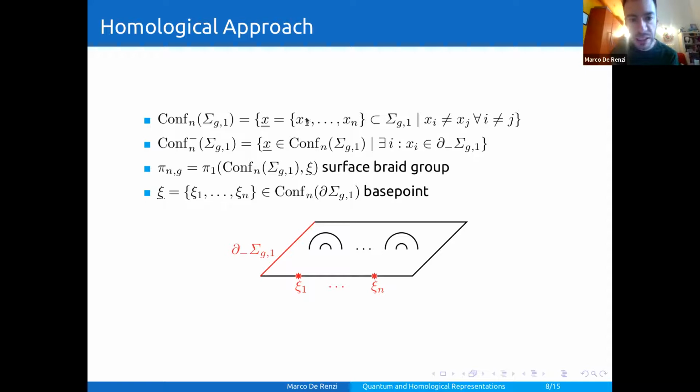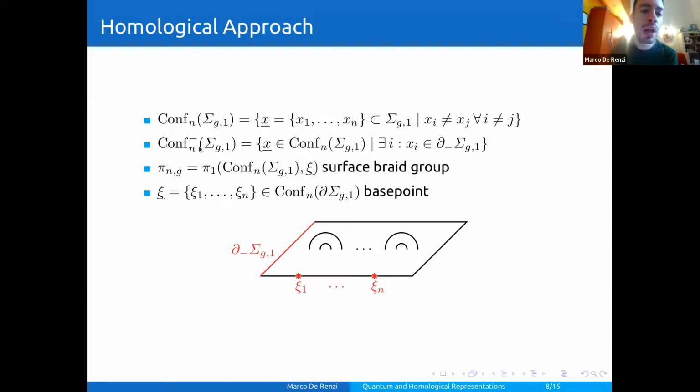So explicitly, this is the set of subsets of Sigma_{g,1} of cardinality exactly n, where all these points in this n-tuple are pairwise distinct.